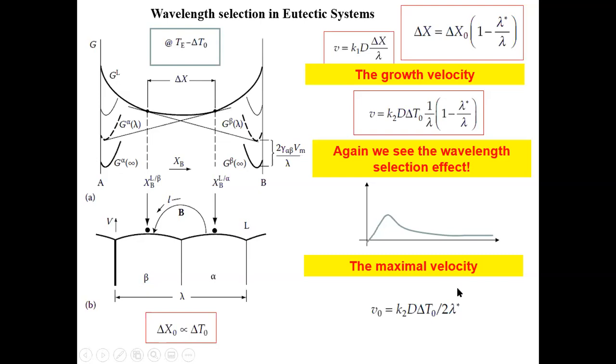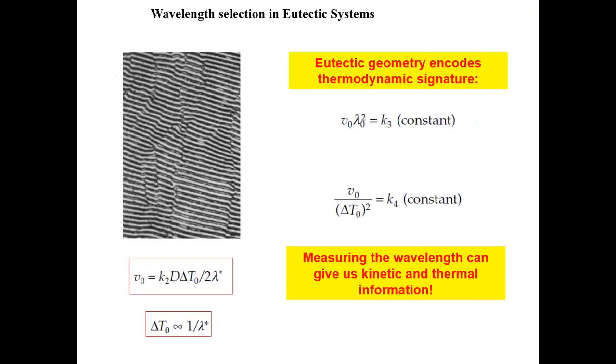This also tells us that if I have a eutectic transformation system with a particular supercooling, initially I may see nuclei with different wavelengths all form, but eventually one wavelength is going to dominate the entire system, which is the wavelength selected by this analysis. So for a given delta T naught, you have a lambda star.